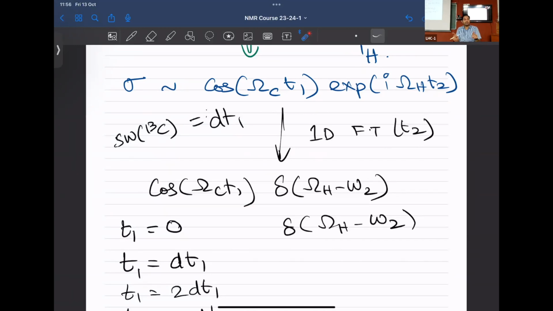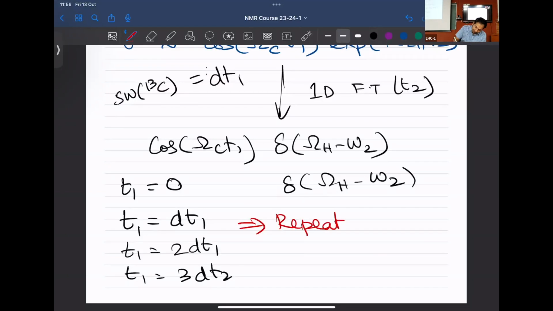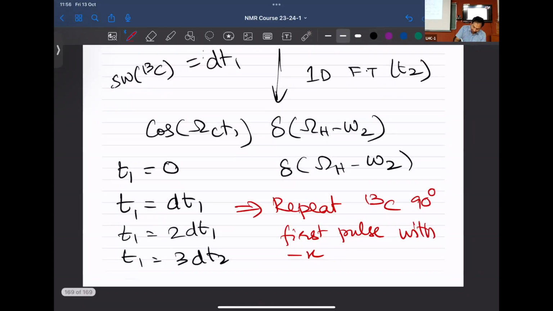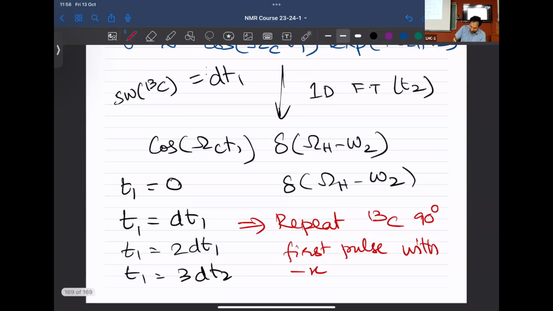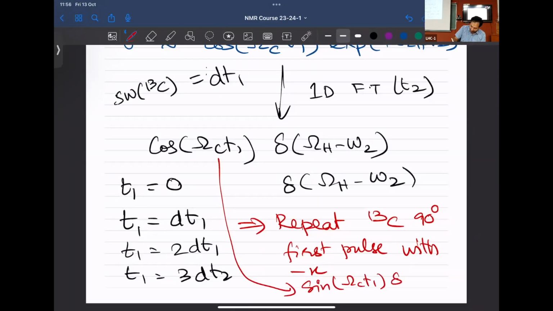Therefore, if you get the cos and sine modulation, if you add them as orthogonal components, you'll be able to get the exp(i omega C T1). With the 13C 90 degree first pulse with minus x, you will get sine of omega C T1 at the proton frequency omega H in t2.